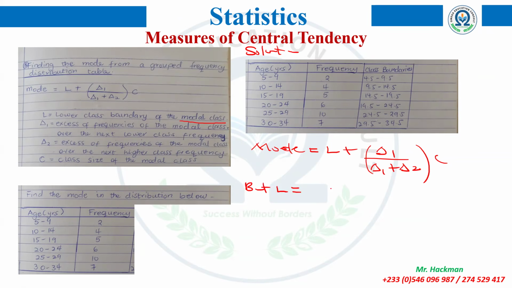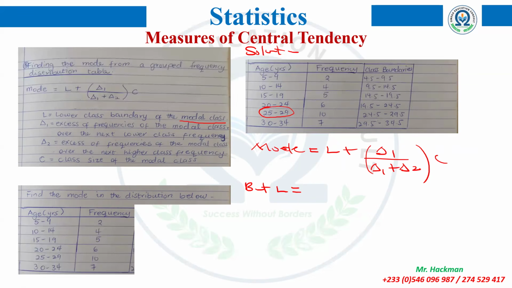We said L is what? The lower class boundary of the modal class. That is the modal class lower boundary. I hope you are with me. So now what is the modal class? You said the modal class is this, because that's the class with the highest frequency.